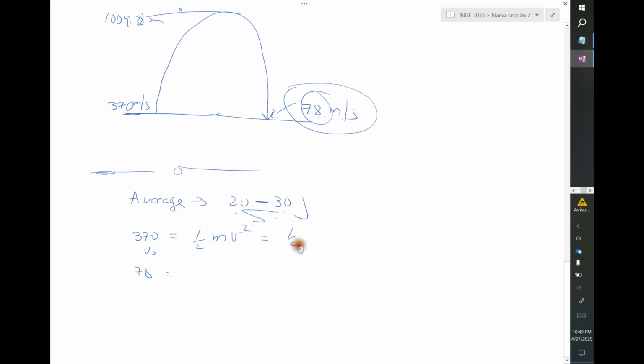So that would be 1/2 times the mass in kilograms, 0.00745 if I remember that right, times 370 squared, and the other one will be 1/2 times 0.00745 times 78 squared. So let's grab the calculator and let's see where our energy falls.